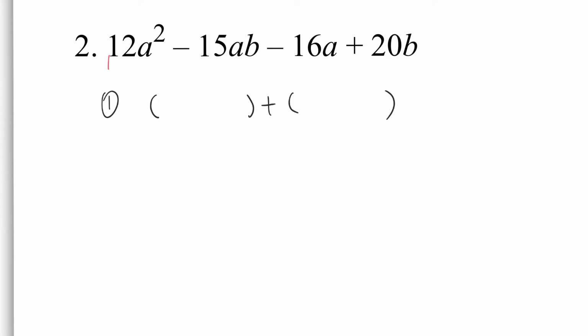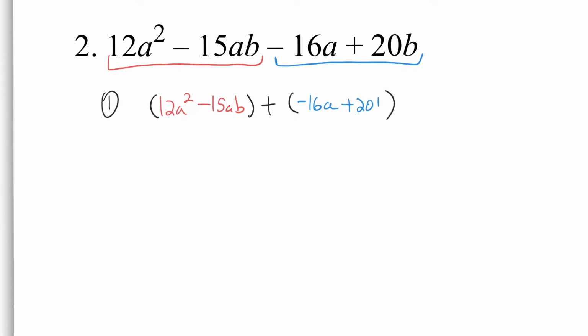So I have 12a squared minus 15ab, and I'm going to write that inside the first parenthesis like this. Then I'm going to take the second 2 terms, and it is a negative. There's a minus 16a plus 20b, so I'm going to put that inside the second parenthesis just like this.